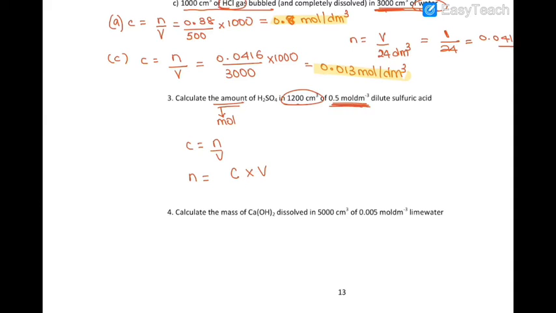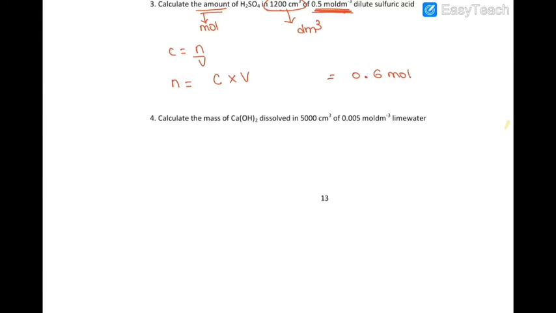You know the concentration, you know the volume. Be careful, you need to convert this to dm cube. If you do this well, you should get 0.6 moles.